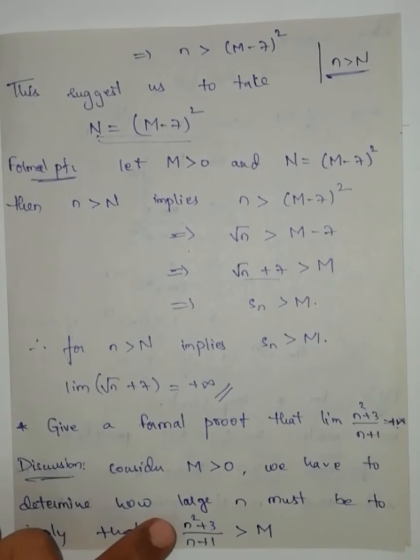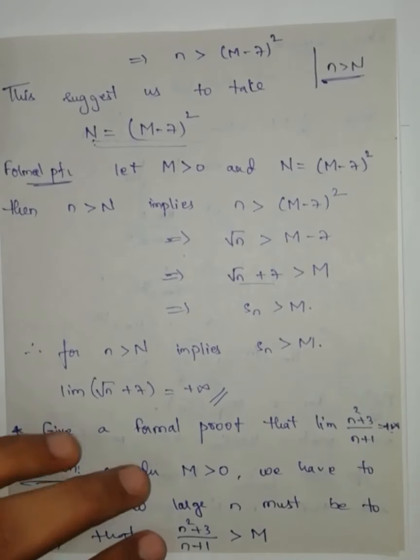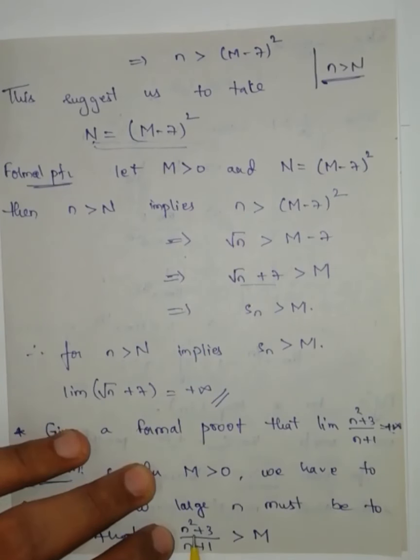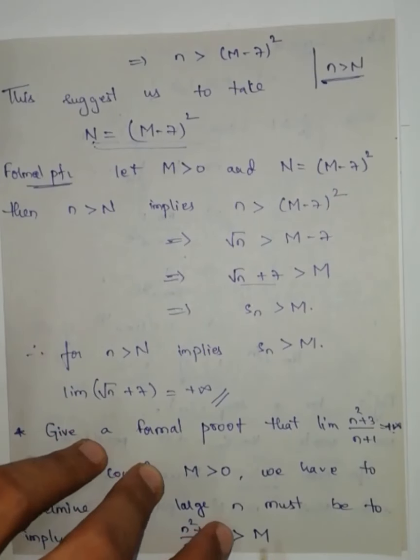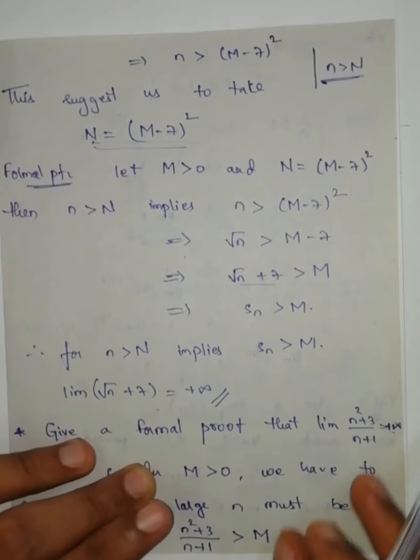But here it is n squared over n, it gets somewhat complicated. So here I am going to solve it somewhat more easily. Instead of taking this expression greater than capital M, I am going to take a smaller term which is smaller than this one and greater than capital M, and I will get this condition. Let us see how I am taking it.